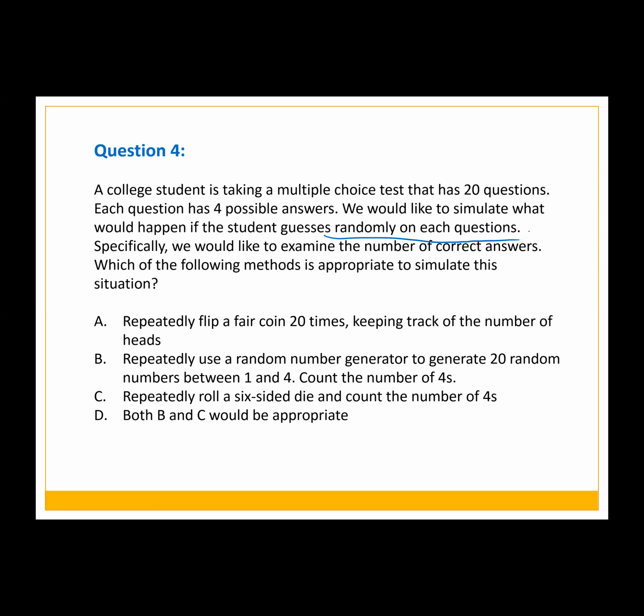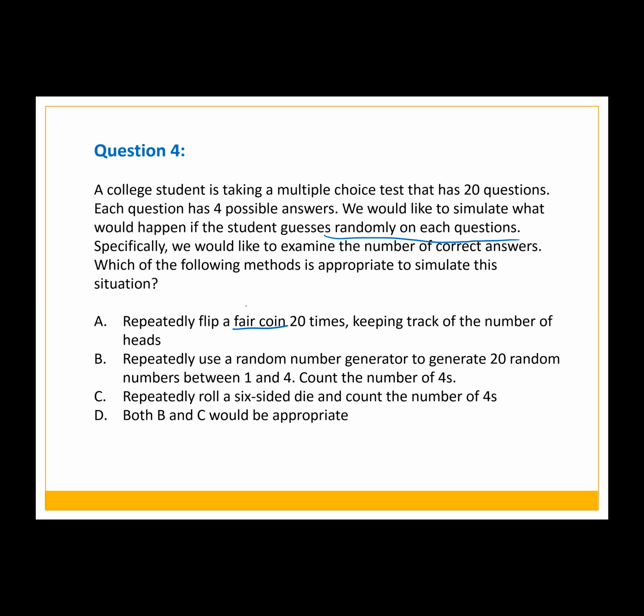Now A is not okay because it only has 2 possible outcomes. It's either heads or tails. A fair coin is the term given to say that the chance of each side of the coin is the same. If you have an unfair coin, one side has a higher possibility of coming up.